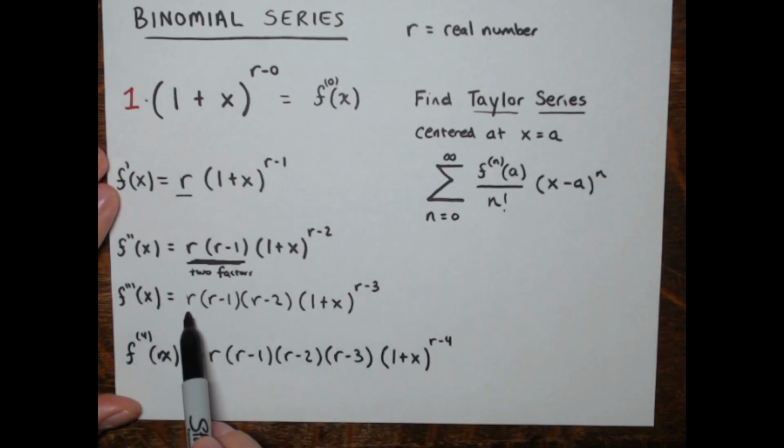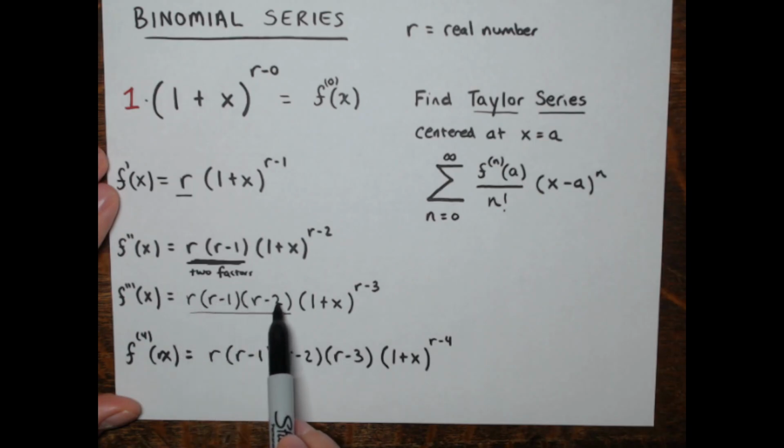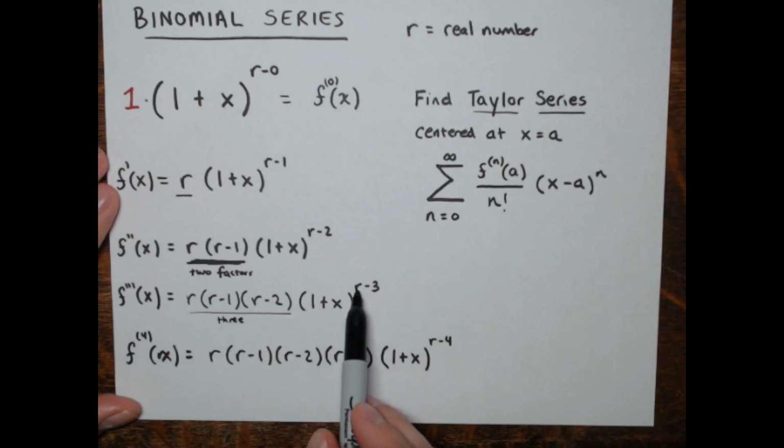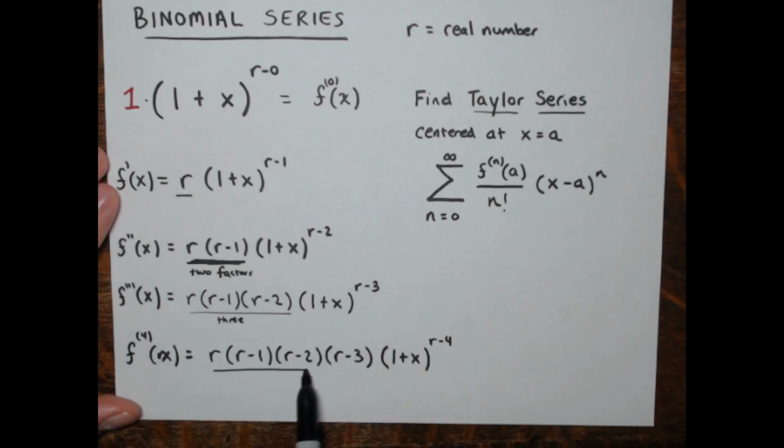Third derivative has these three factors, so again, starting with r and decreasing by 1 until there are three factors, and then the power of 1 plus x is raised to the r minus 3. And then the fourth derivative has four factors involving r, starting with r and decreasing by 1 each time, r minus 1, r minus 2, r minus 3. And then the power on 1 plus x is r minus 4.